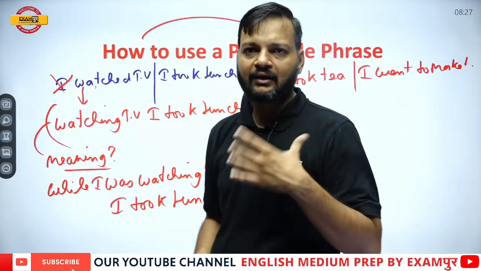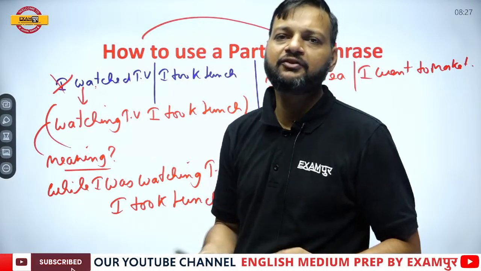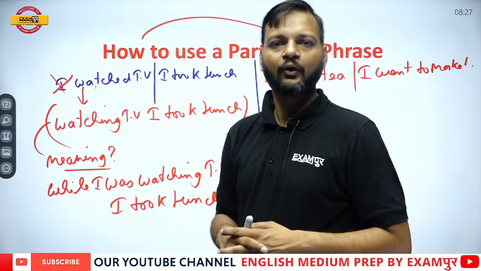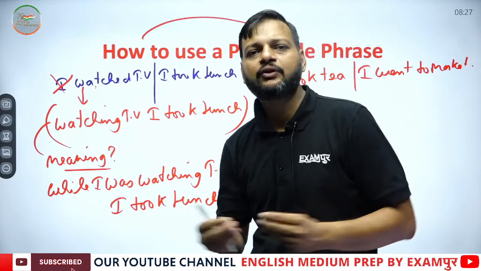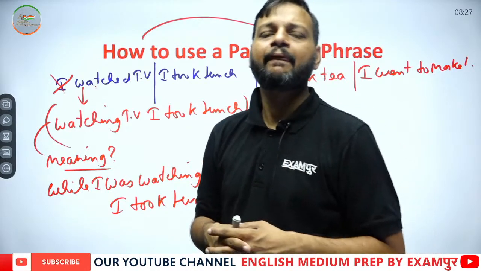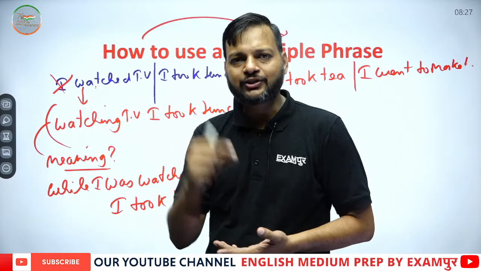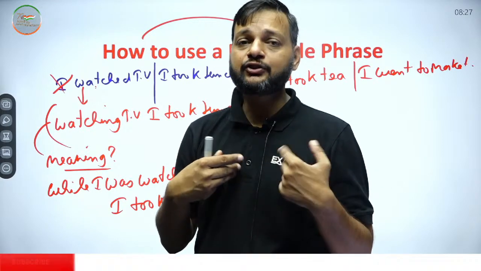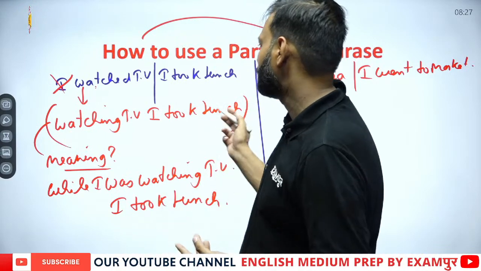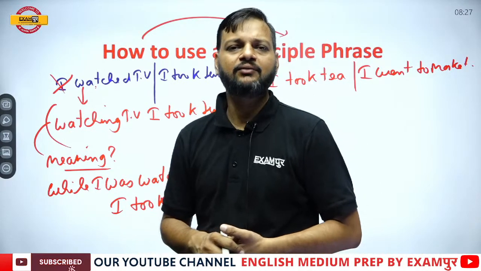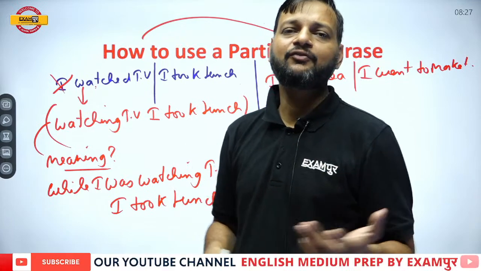I was taking lunch and I was watching television at the very same time. So the present participle means that both the actions are happening at the same time. Watching television, I had lunch.